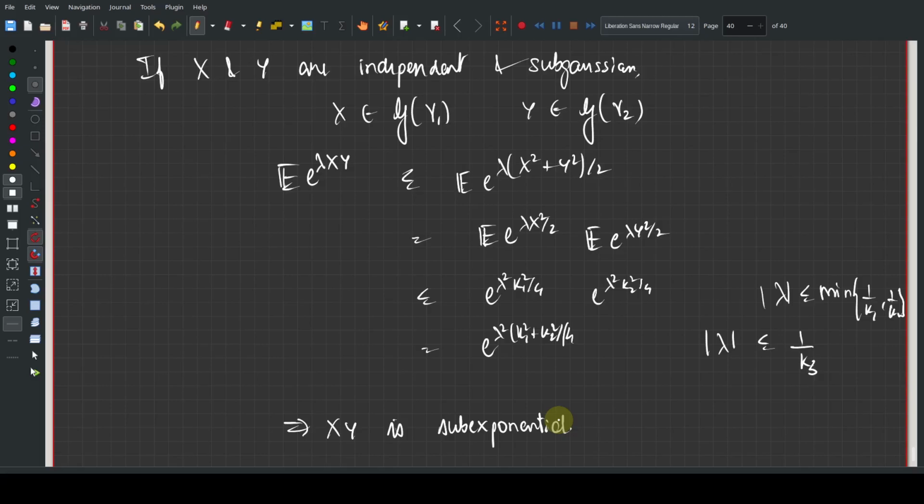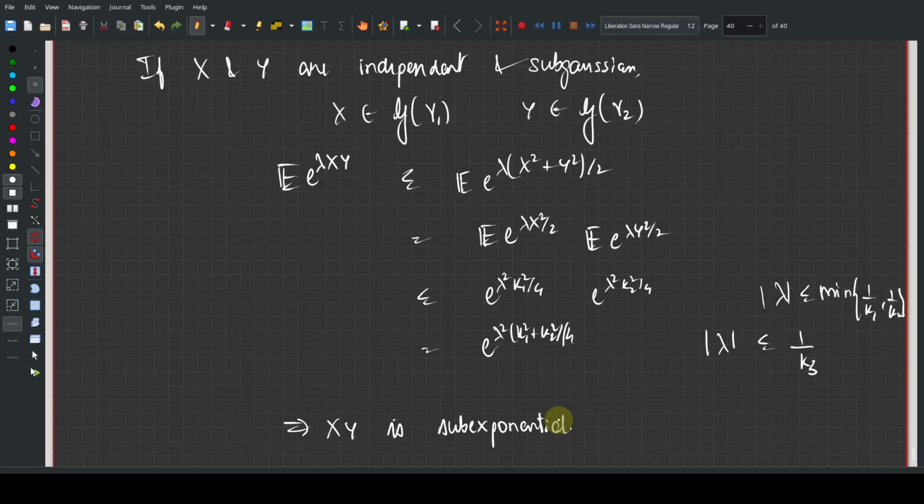Why? Sure. Well, just look at the conditional probability of y given x.